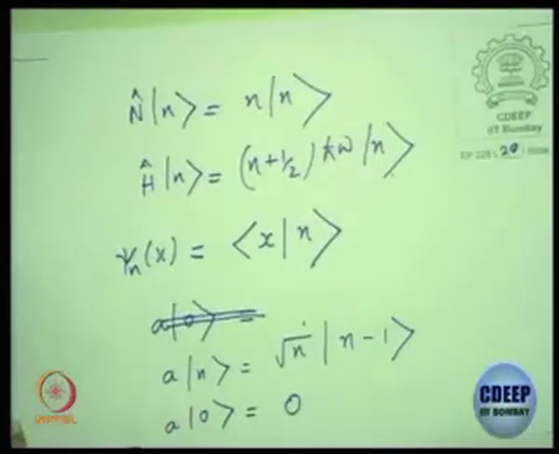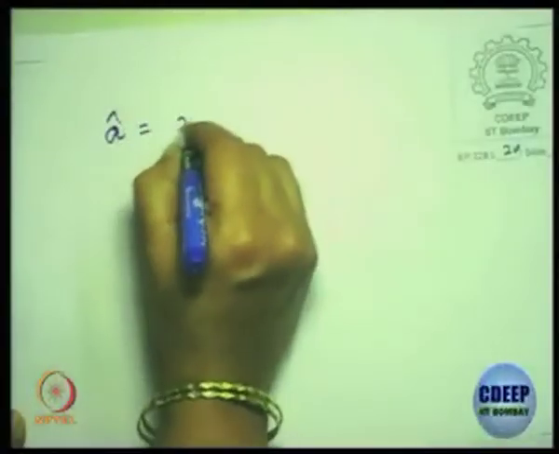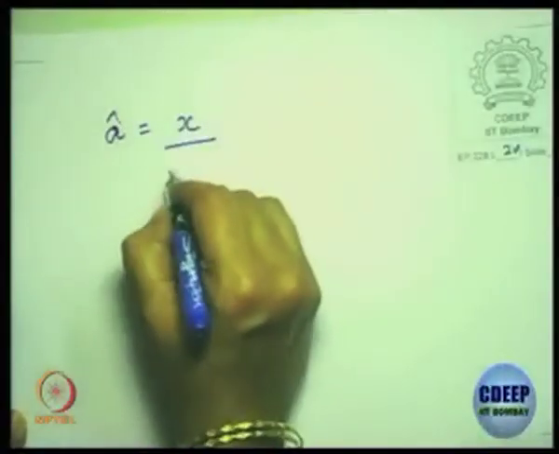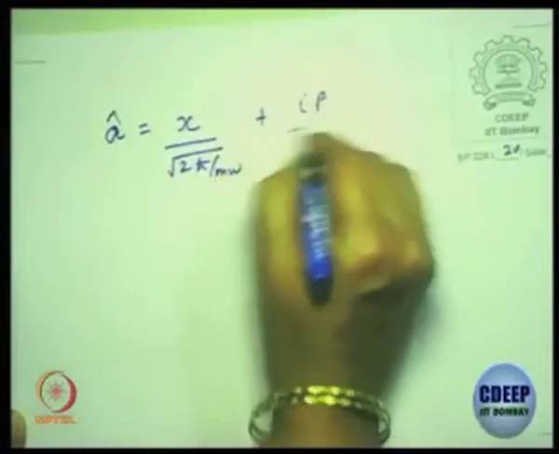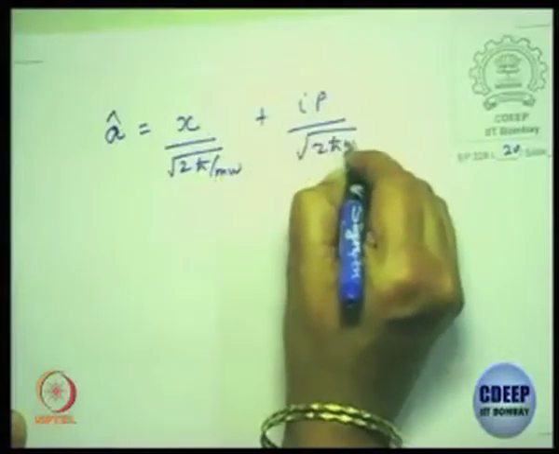A operator is X, up to a constant which is dimensionless, plus iP, right? A operator is X divided by something.